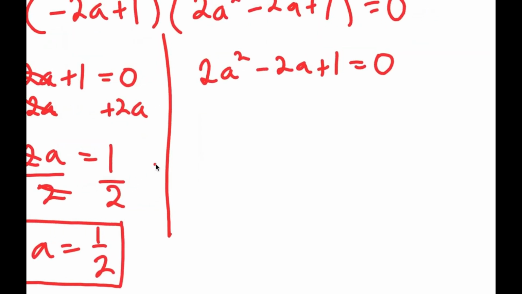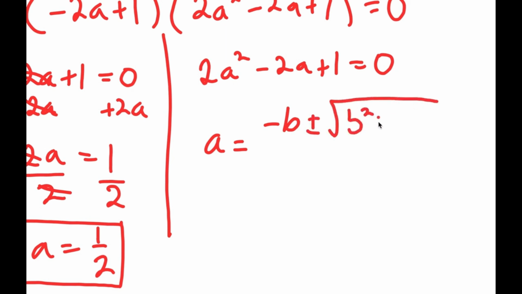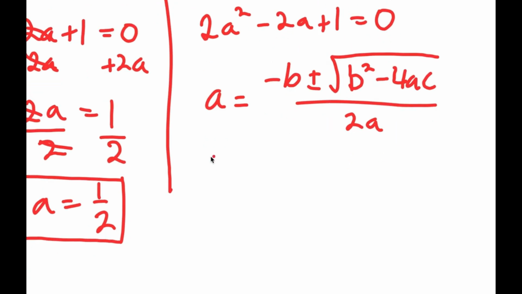Now, for 2a squared minus 2a plus 1, what I'm going to be using to solve this is the quadratic formula, because this is a quadratic equation. The quadratic formula is negative b plus or minus the square root of b squared minus 4ac, all over 2a. And in this case, a is 2, b is negative 2, and c is 1.